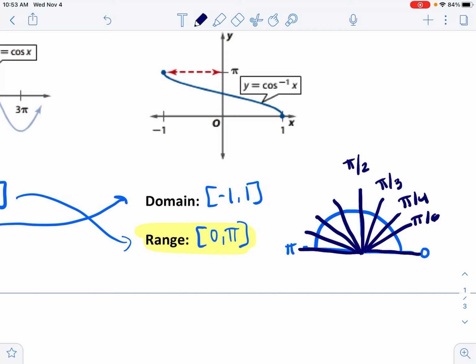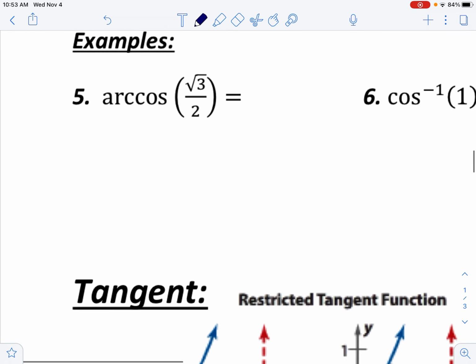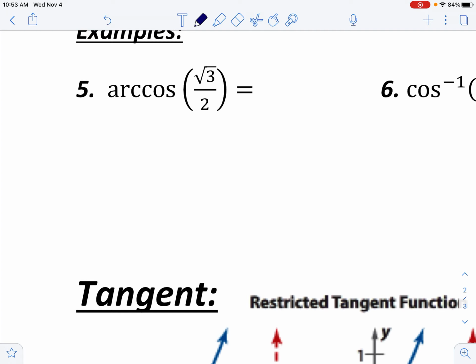So if I ask you cosine inverse of blank, you can only give me a positive answer. No negative answers for cosine inverse. Okay, so this is 2 pi over 3 because that's my pi over 3 reference angle. This is 3 pi over 4 because that's my pi over 4 reference angle. And this is 5 pi over 6 because that's my pi over 6 reference angle. So those are the only possible answers.